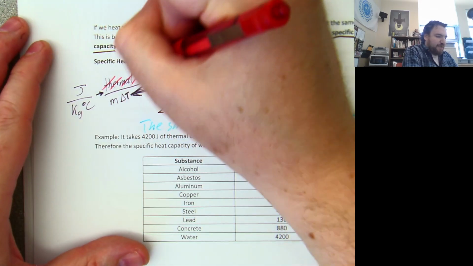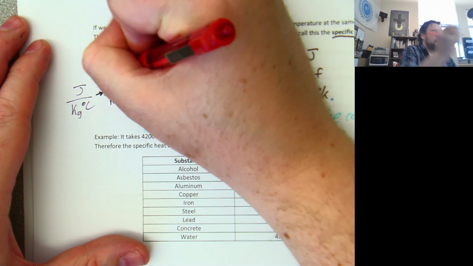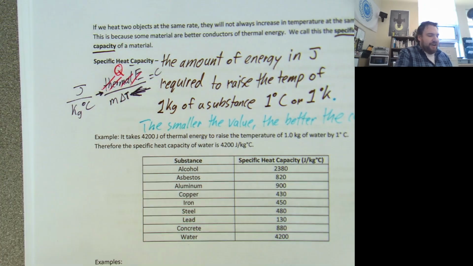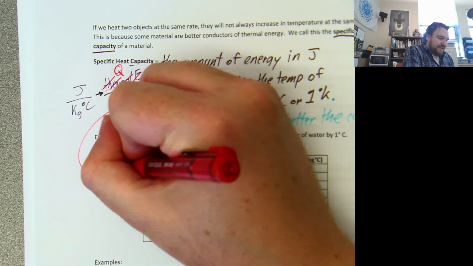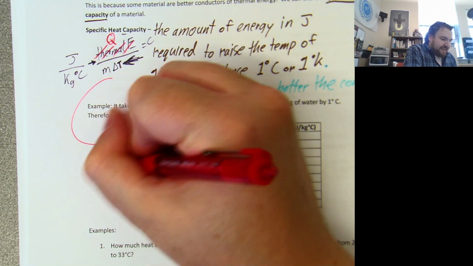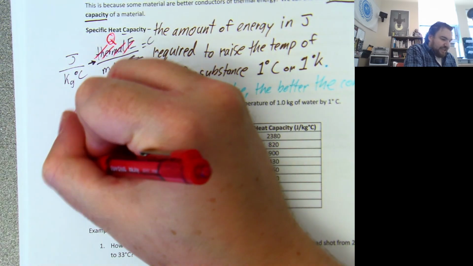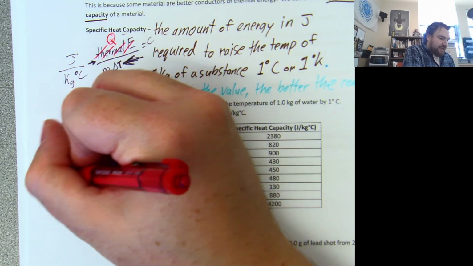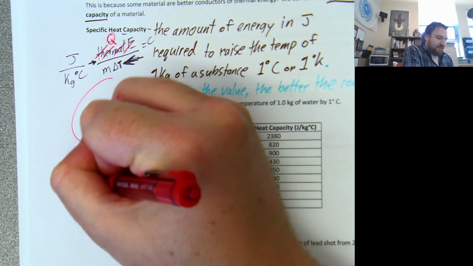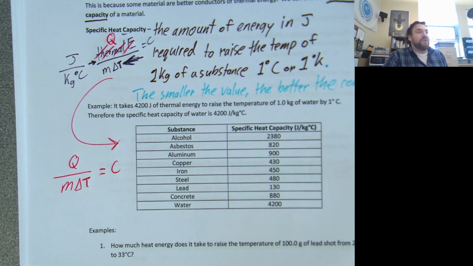We're going to remove thermal E and call it Q. So specific heat capacity, C, is going to equal Q, the thermal energy, divided by the mass of the object times the change in temperature.